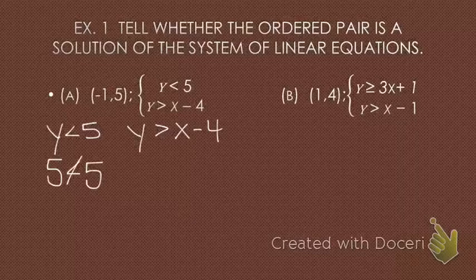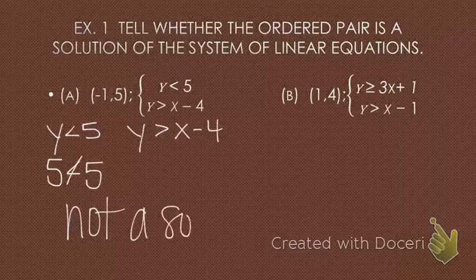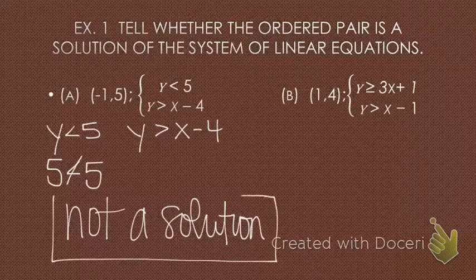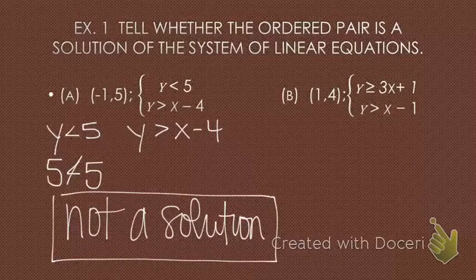No, because the point has to make how many of the inequalities true? Both of them. So since it didn't make the very first one true, there's no reason to go further, and we're writing down not a solution. Now remember, we're not writing down yes and no. We're writing down solution or not a solution. And this is not a solution. So that ordered pair would not fall into the shading of this graph.